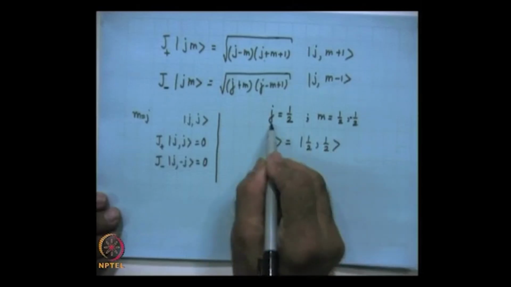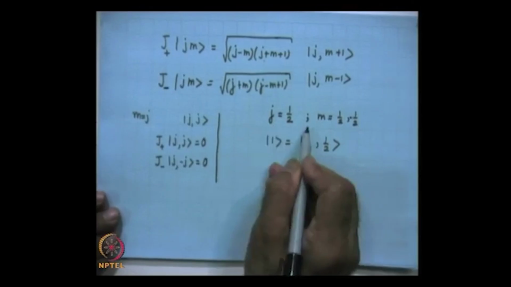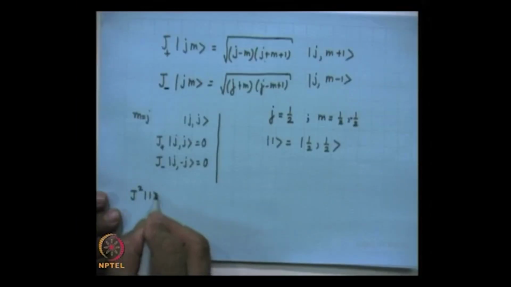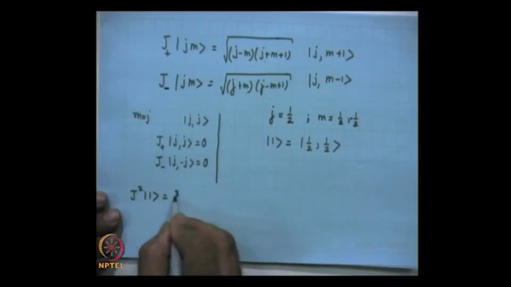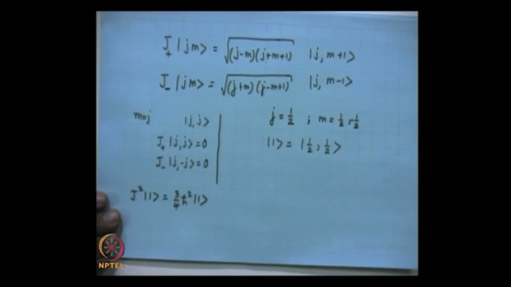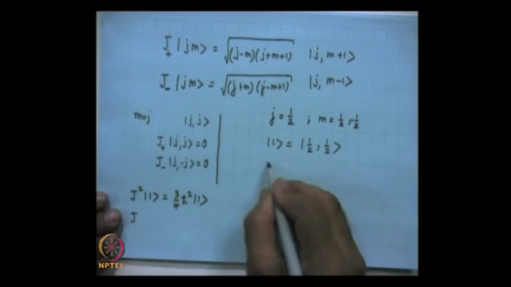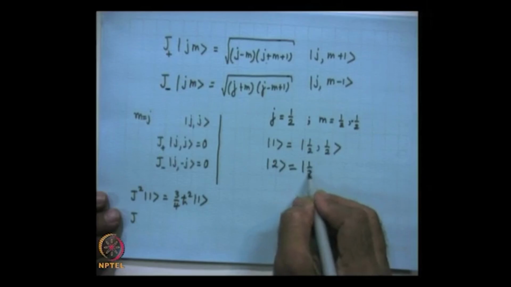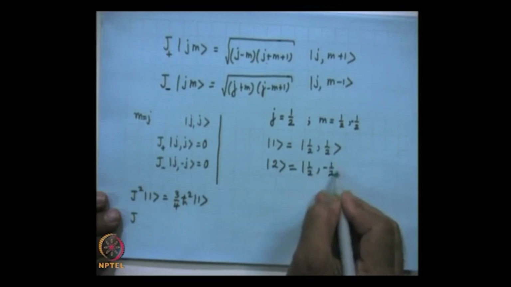The eigenvalue of j square is j into j plus 1, half into half plus 1, that is 3 by 4 h cross square. So, j square ket 1 will be 3 by 4 h cross square ket 1, and the other state will be ket 2, ket half comma minus half.